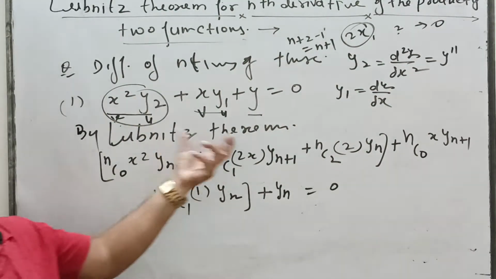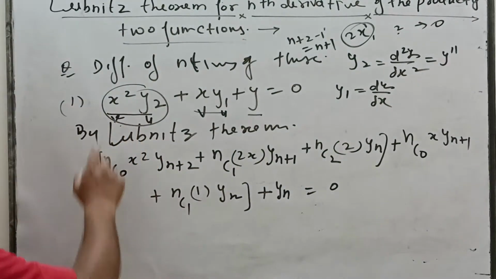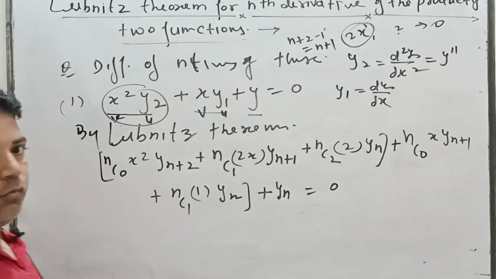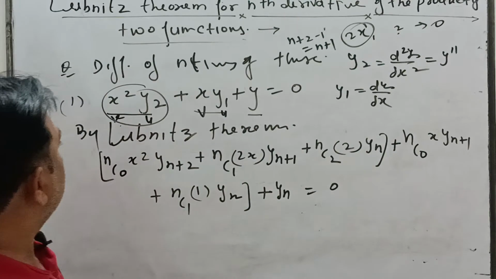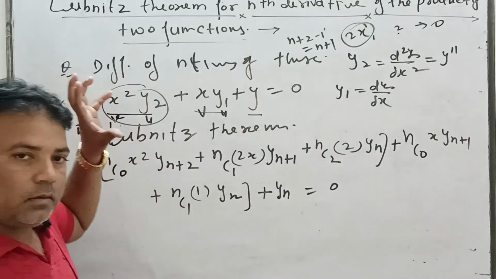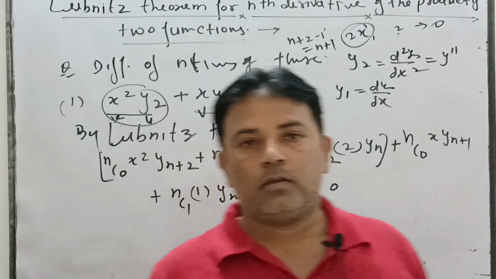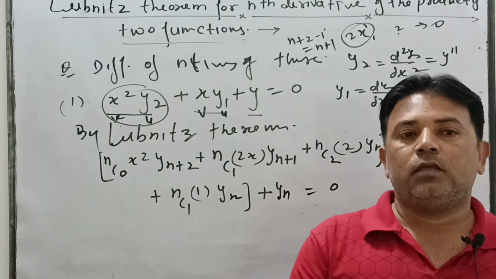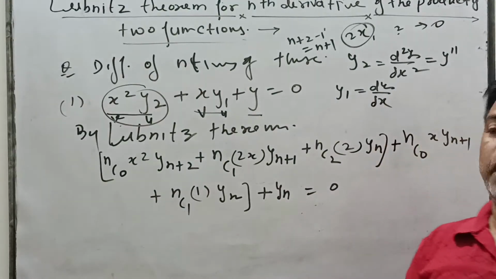I again repeat this question. Let x square y2 be the product of two functions. We assume one function is u and the second is v. The function whose nth derivative we find is v, and the remaining is u.